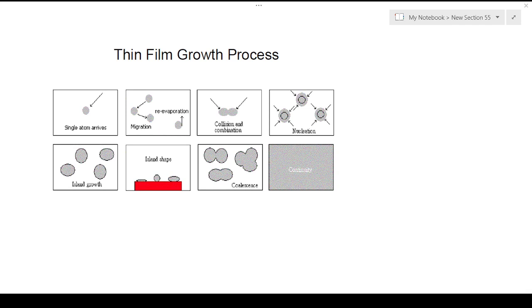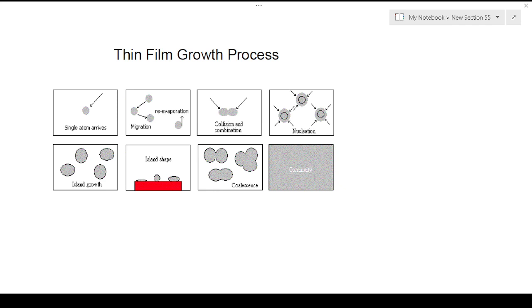From a property point of view, the uniformity of the thin film is very important. Uniformity means that over the entire region of the substrate the film should be uniformly distributed, and the properties should be uniformly distributed as well.